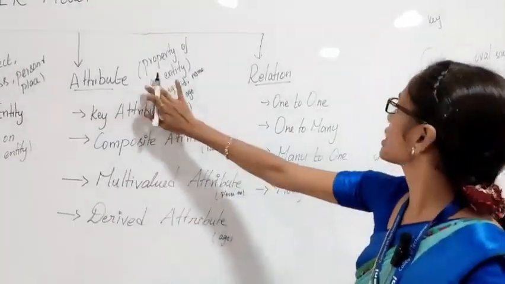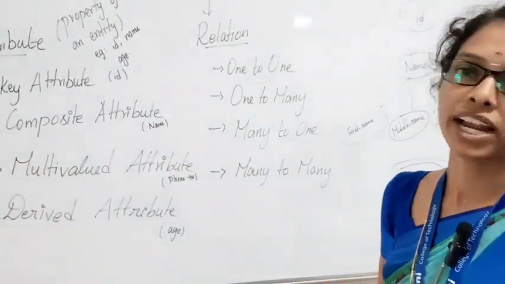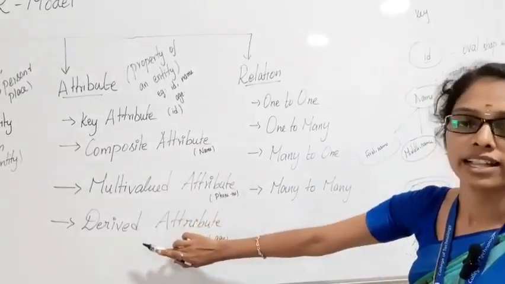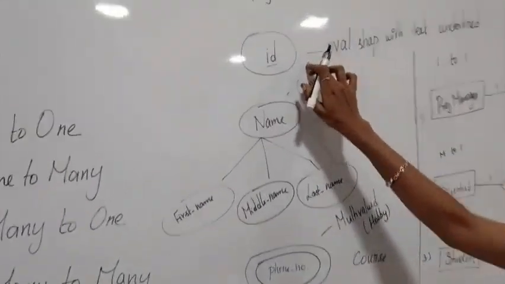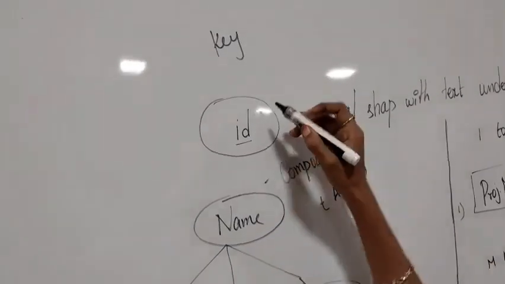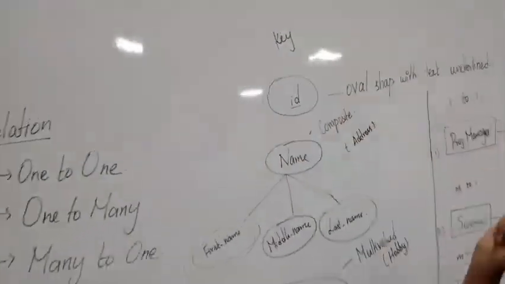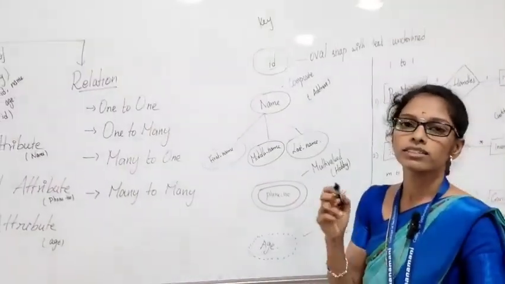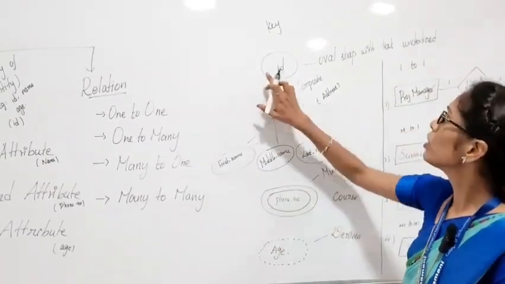Now we can move on to the attributes. The types of attributes are key attributes, composite attributes, multi-valued attributes, and derived attributes. What are key attributes? The primary one, on which the data depends. For example, if I say 4001 of our class, just come to the stage, the person with register number 4001 will come.